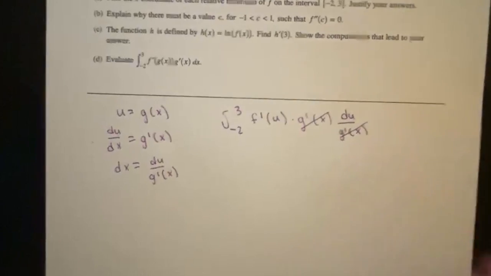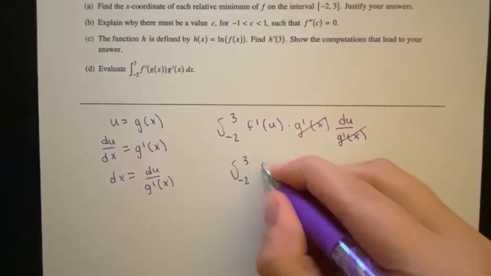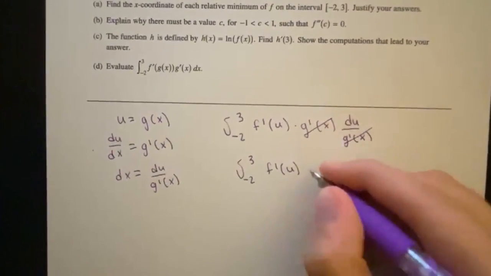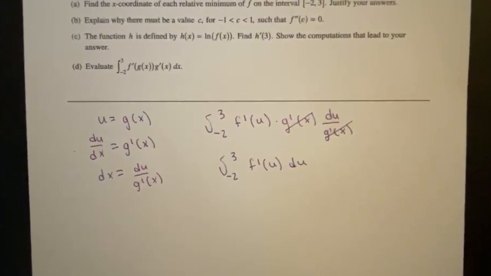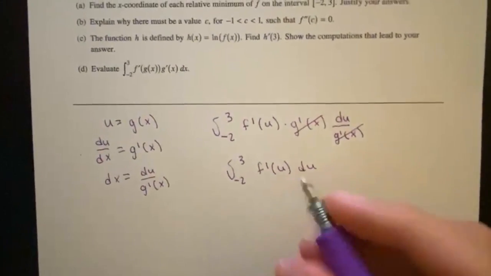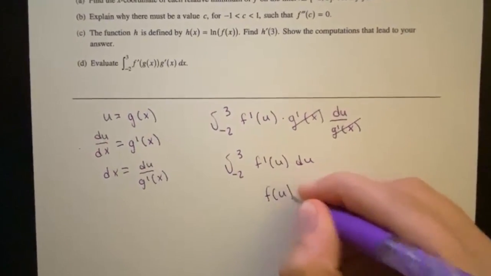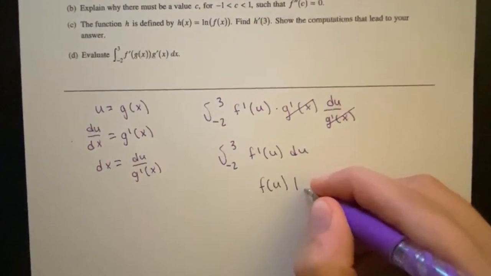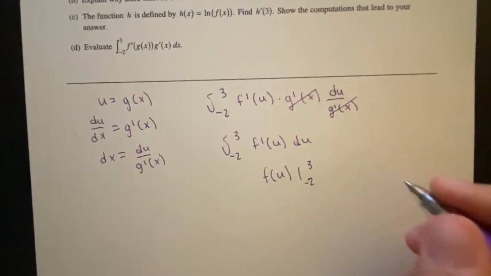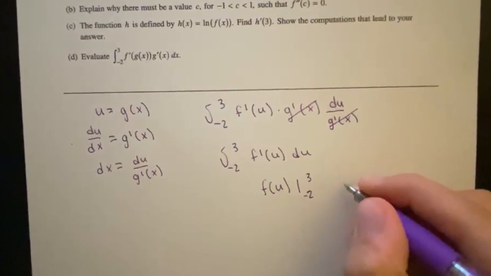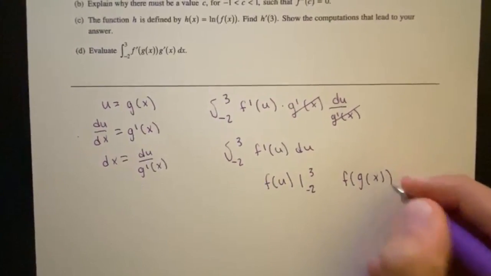So after they cancel out, we're left with the integral from -2 to 3 of f prime of u du. Now you just have to get the antiderivative. The antiderivative of f prime of u is just f of u. And then after substituting our u value, g, we get f of g of x, evaluated from -2 to 3.